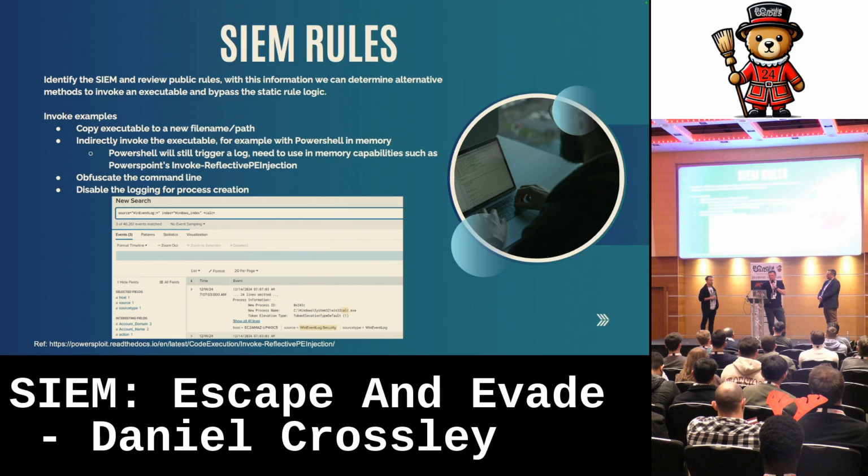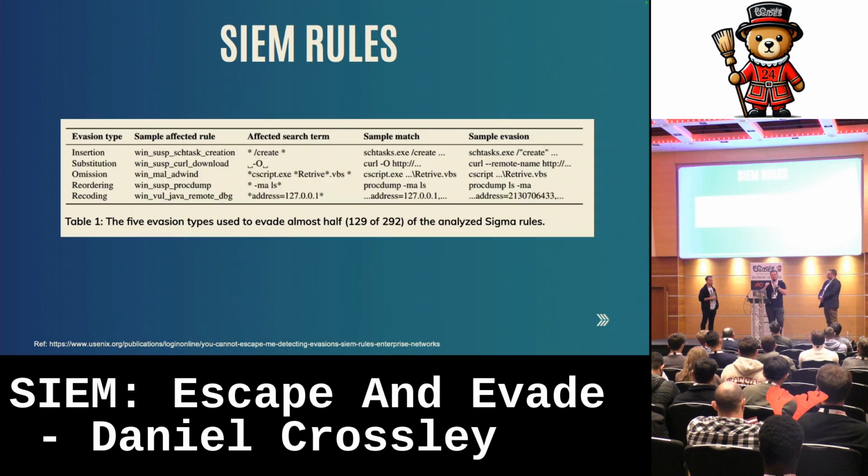When it comes to bypassing the command line arguments, I found some fantastic research where this exact problem has been identified by multiple different vendors out there, as well as some researchers. There are other good talks about this, but I couldn't summarize it better than this specific slide, as you can see here. With this, you have the evasion types: insertion, substitution, omission, reordering, and recoding.